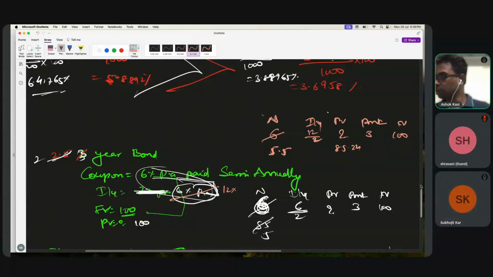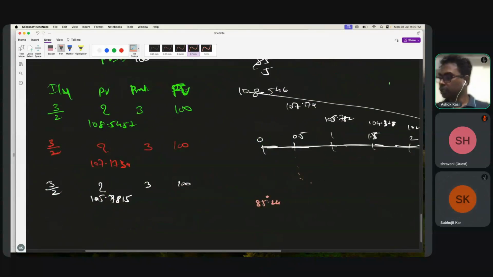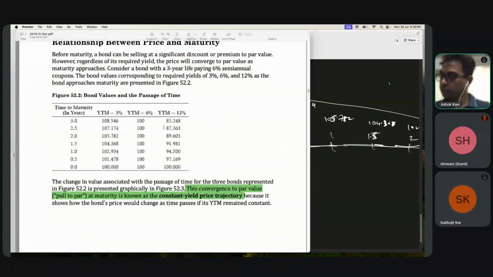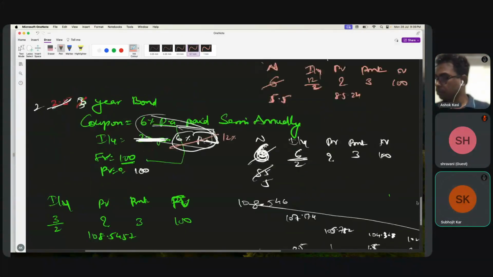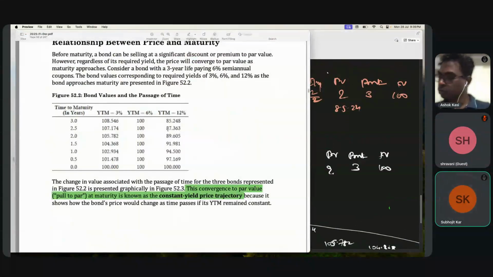Yeah, it will increase now because it is trading at discount. Then slowly 86 or 87. No, it should be 87.